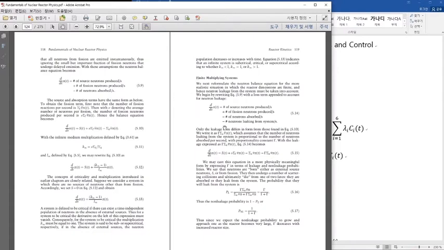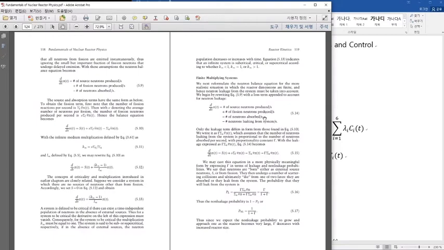So how can you do that? By introducing this capital gamma factor, which gives us how we express the leakage term. Neutrons disappear by absorption or by leakage.